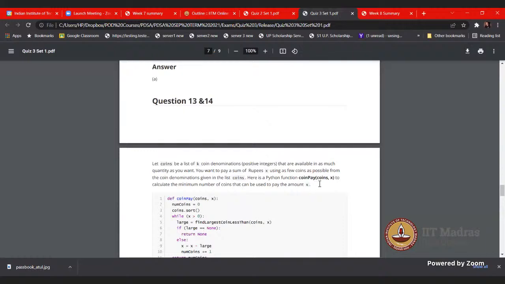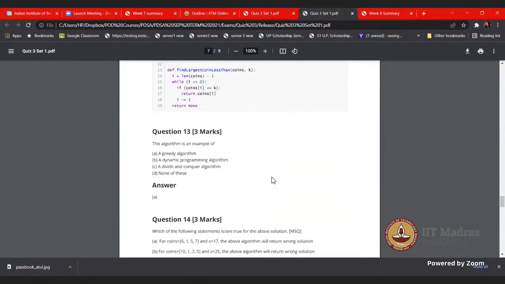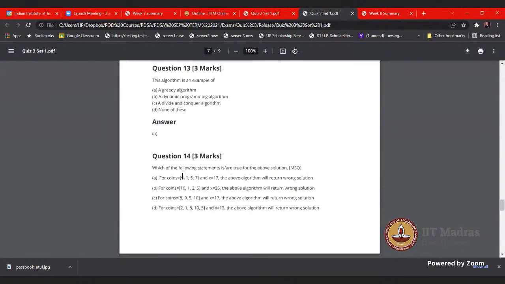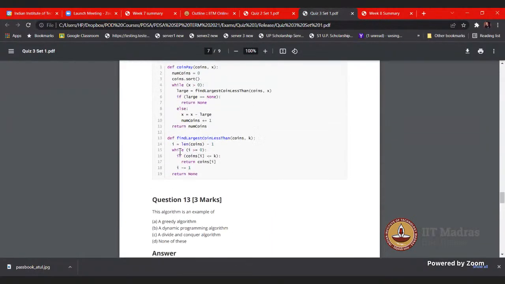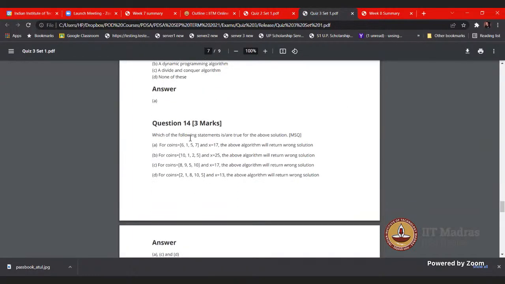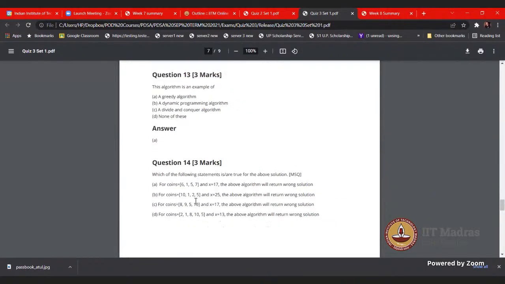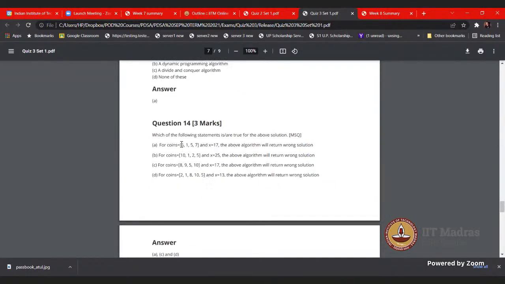Here the Python function pay coin X calculates the minimum number of coins that can be used to pay the amount X. So the problem statement is given, and the code is also given. We have a list of coins and a value, and you can see the example in this format.